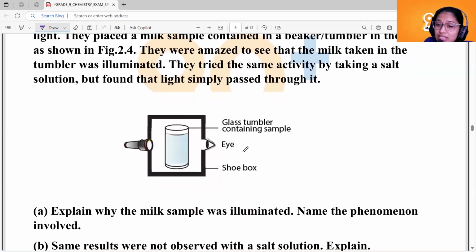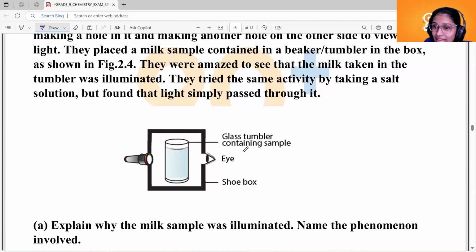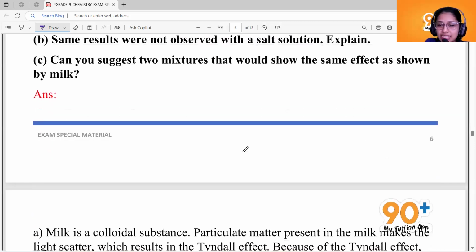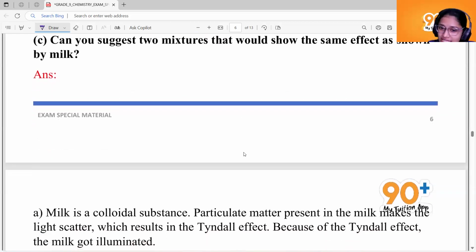Explain why the milk sample was illuminated. Name the phenomenon involved. What is the phenomenon? Yes, the phenomenon is the Tyndall effect. Milk is a colloidal substance, and the particulate matter present in the milk makes the light scatter, which results in the Tyndall effect.